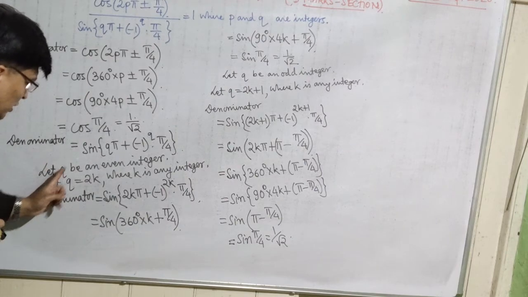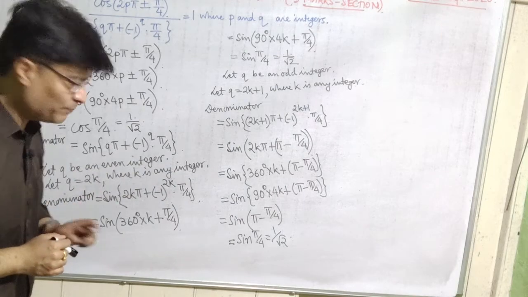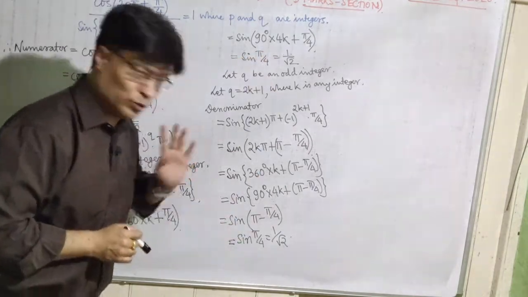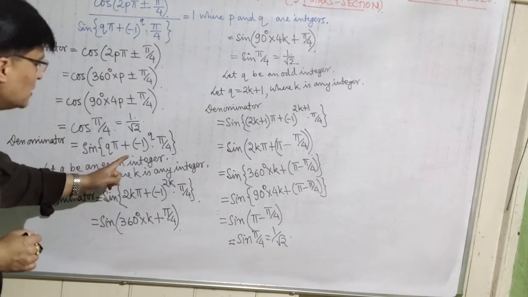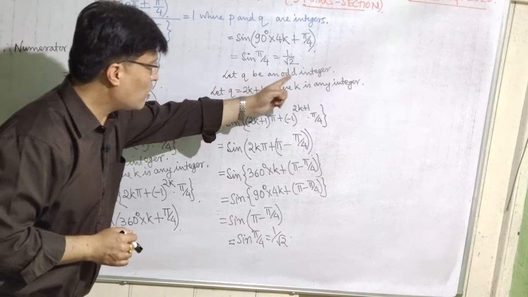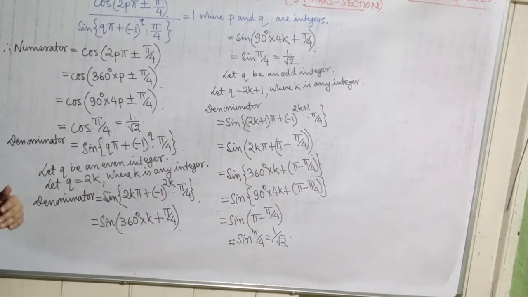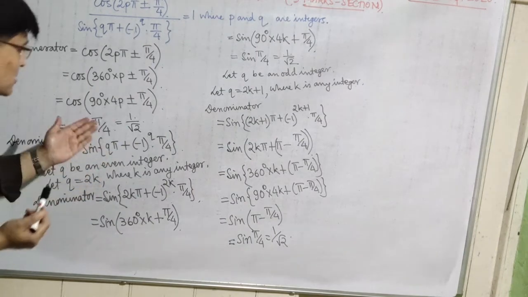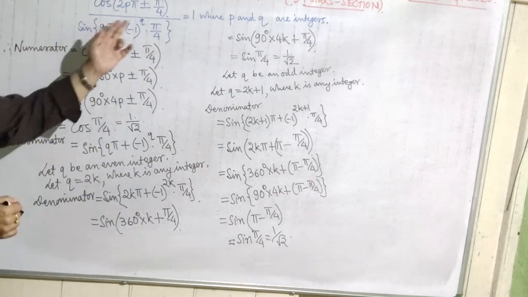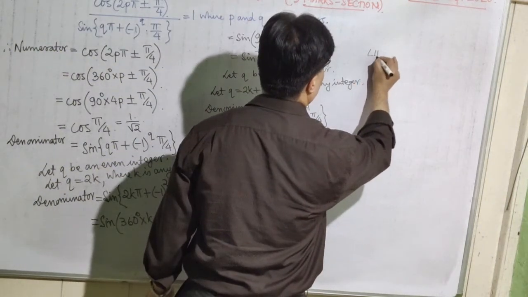Whatever may be the value for q, whether it is an even integer or odd integer, what is the value of this expression? This is 1 by root 2. If q is an even integer, the value of this expression is 1 by root 2. If q is an odd integer, the value of this expression is also 1 by root 2. That is, both the values are the same in this case. Now let us prove this LHS is equal to RHS. So now let us write down here the left hand side.